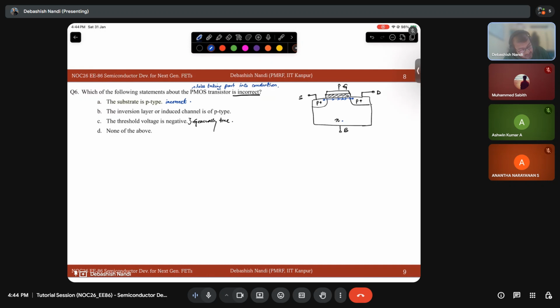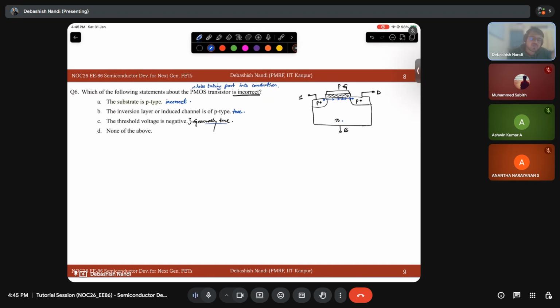Inversion layer or induced layer is of P type. That is true. This is also true generally. Just how we analyzed your NMOS, in case of PMOS you will get to know that it is just the opposite sign. However, we have assumed that phi ms is equal to 0 and all. That may create a little bit of offset in your flat band voltage.